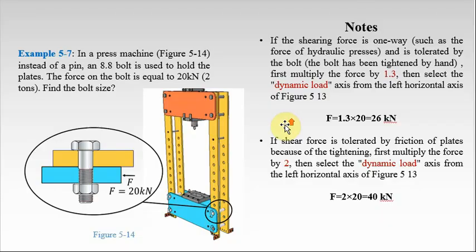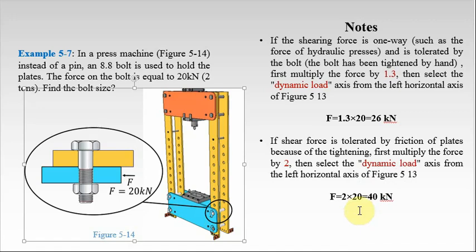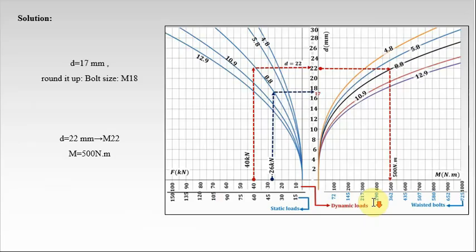If friction is important for us, we multiply this shear load by 2, which is equal to 40 kilonewtons. From the horizontal axis, we select dynamic loads, as we said we should.